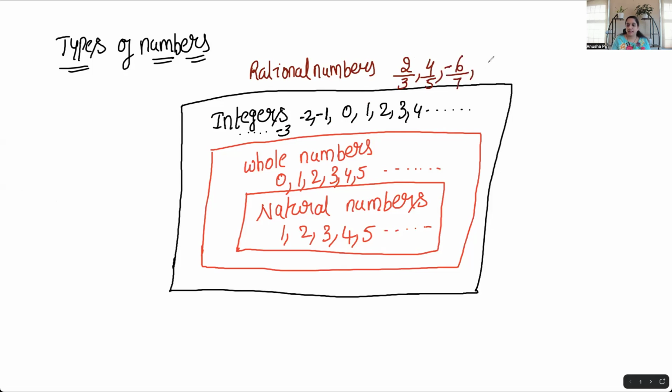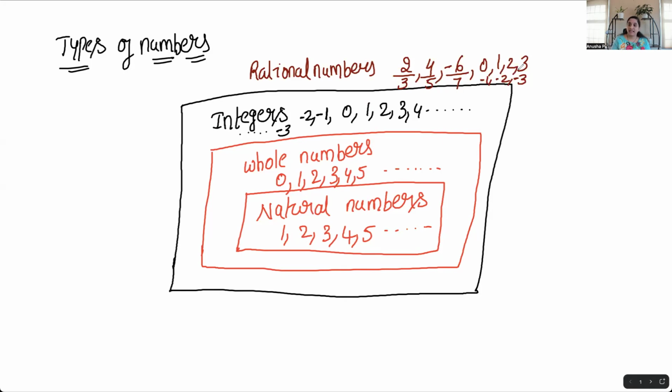So all integers like 0, 1, 2, 3, and -1, -2, -3 are called rational numbers. Along with that, we are including fractions in the rational numbers, and fractions can be either positive or negative. All those come under the rational numbers.